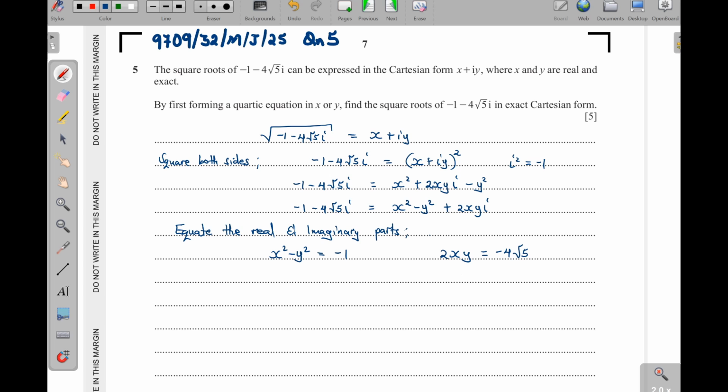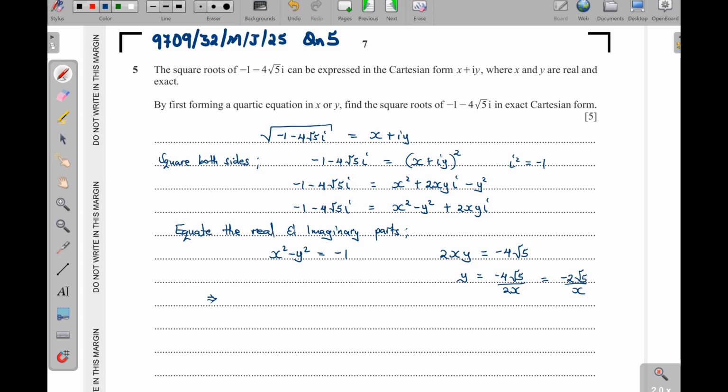I can say y is equal to -4 root of 5, then we divide by the 2 of x. That means y is going to be equal to -2 root of 5 over x simplified.